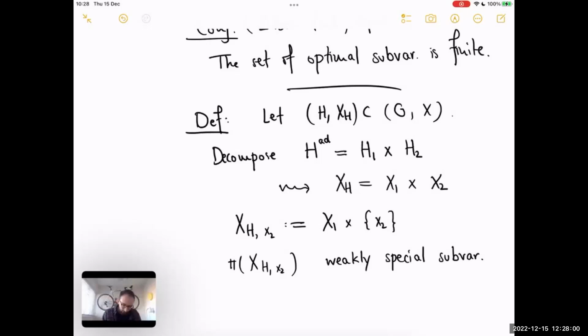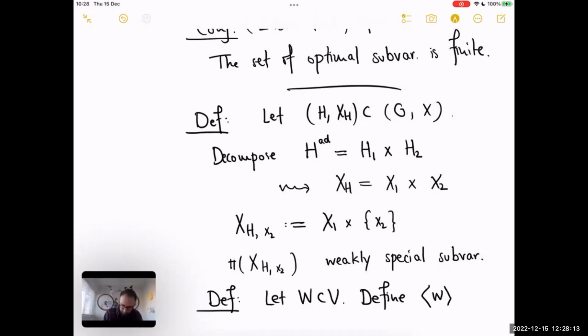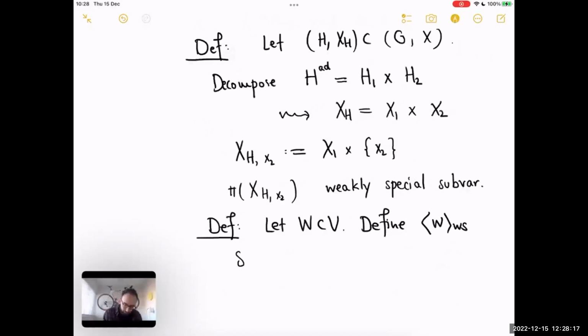But with these weakly specials, you can define the analogous notions to before. So if you have a subvariety V, then you can define the weakly special closure, the smallest weakly special containing W, the weakly special defect, and the idea of being weakly optimal.